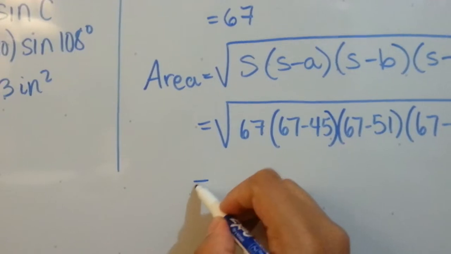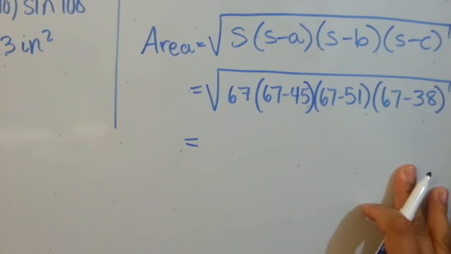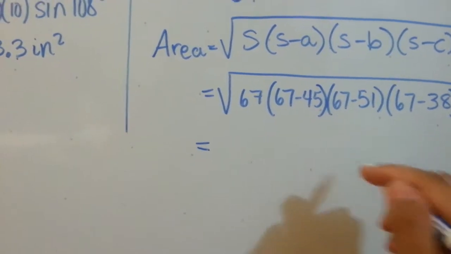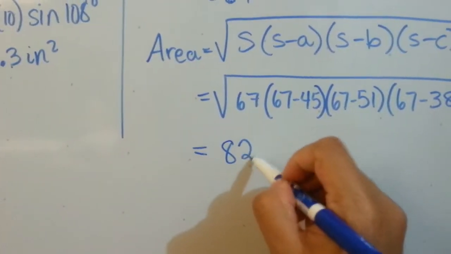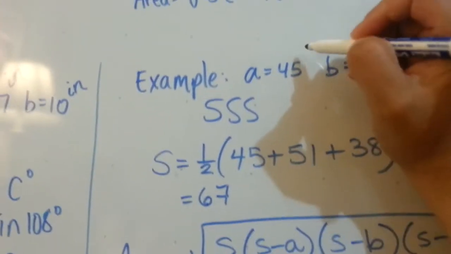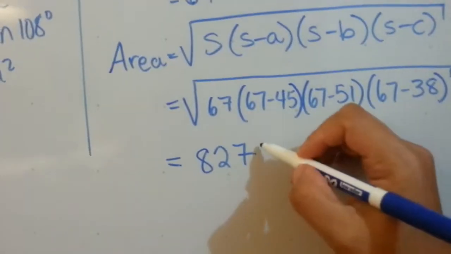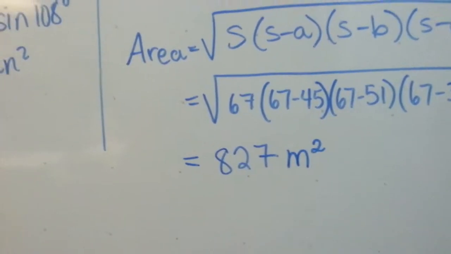I recommend that you take out your calculator and go ahead and plug it in and make sure that you're able to get 827. Once again, if I were to tell you that these units were meters, then your answer would be in meters squared because it's an area.